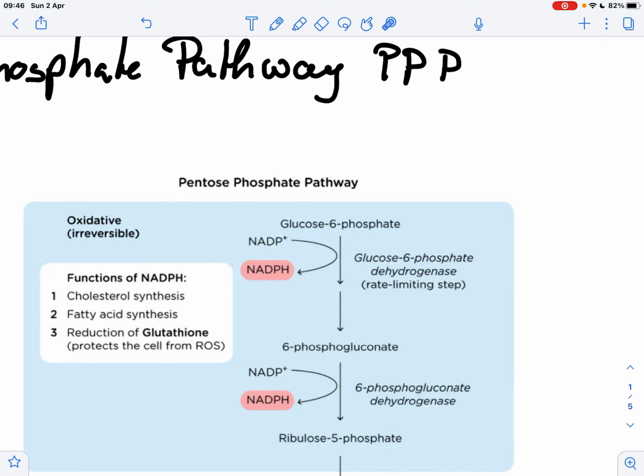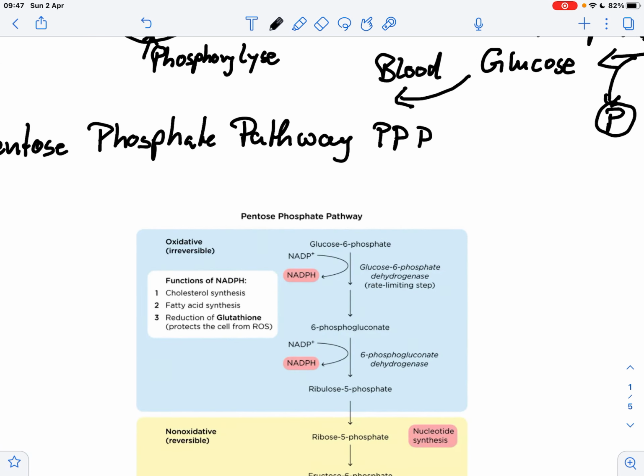Now, NADP is pretty similar to NADH. So it has the same structure, it just has an additional phosphate group. And why is that of significance? So NADP, if we generate NADPH, cannot enter the respiratory chain.